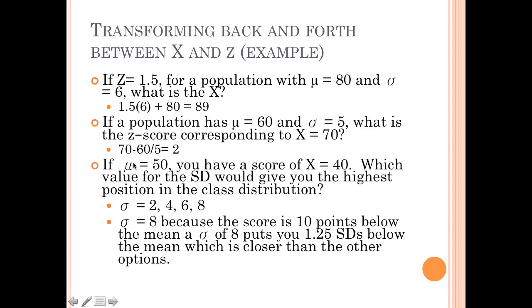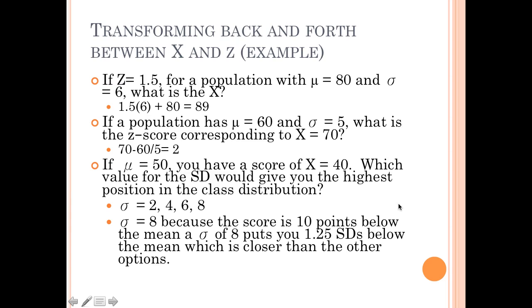So basically just do the numerator, figure out what that difference is, and then look at your options for your standard deviations. Whatever is closest to that difference in the numerator will put you in the highest position.